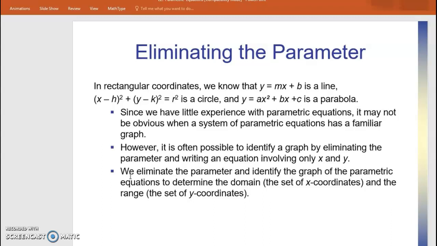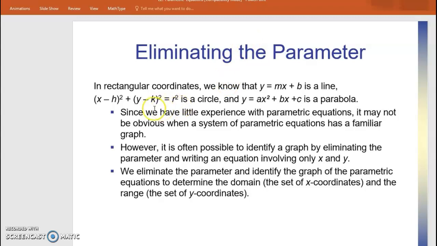So in that case, to assist with graphing, it is often wise to convert the equation from parametric form back to our rectangular system, which we are much more familiar with.